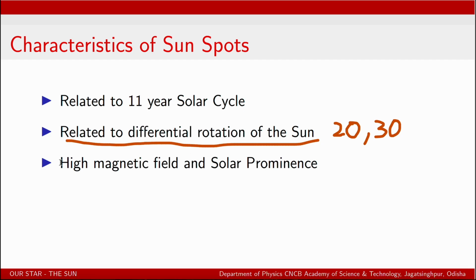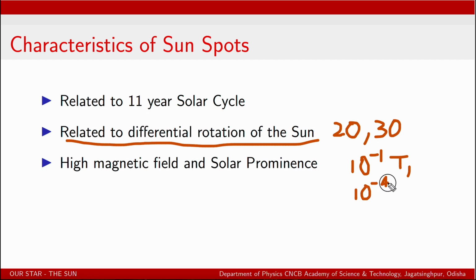The characteristic feature of sunspots is a very high magnetic field and solar prominence. So what do I mean by high magnetic field? How high? At the sunspot, the magnetic field can be of the order of 10 to the power -1 Tesla, while in the adjoining region, the magnetic field will be around 10 to the power -4 Tesla.